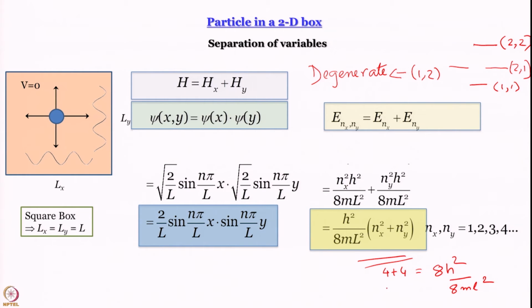For 3 1, it will be 9 plus 1 equal to 10 h square by 8 mL square. So, next one is going to be 2 2. So, this way one can work out the energy levels of a particle in a 2D box.